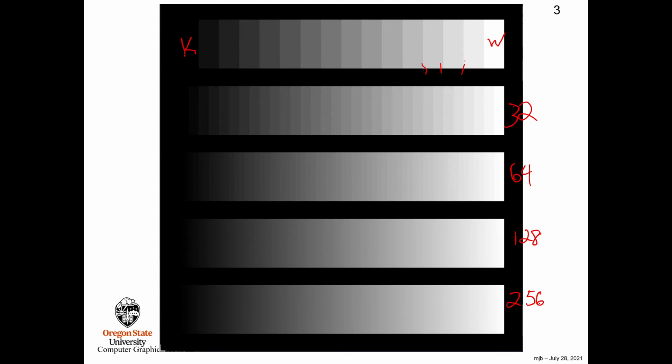But if you were looking at the original program in a darkened room, you would be able to see at least all 128 shades and maybe 256, depending on who you are. We are most sensitive to grayscales.